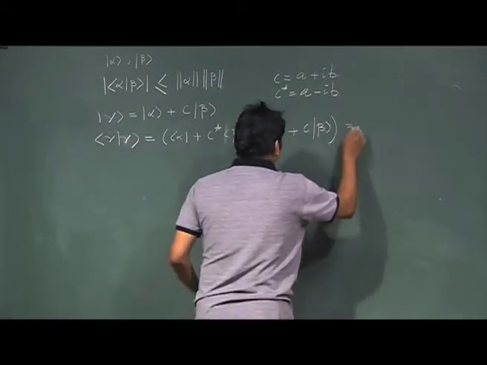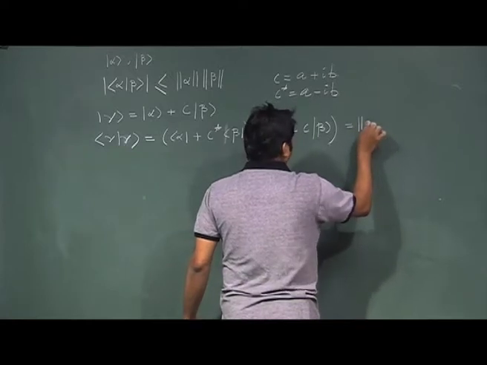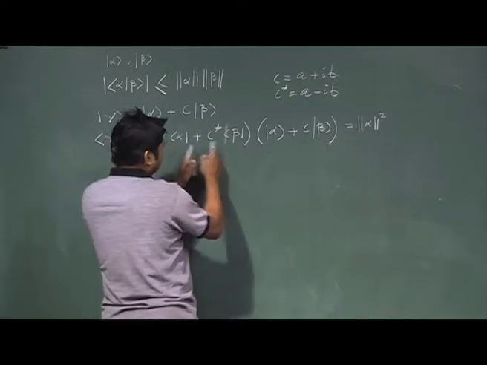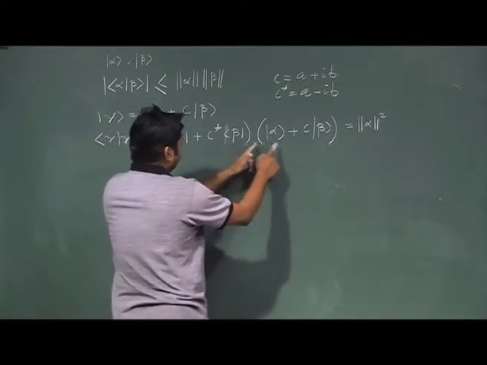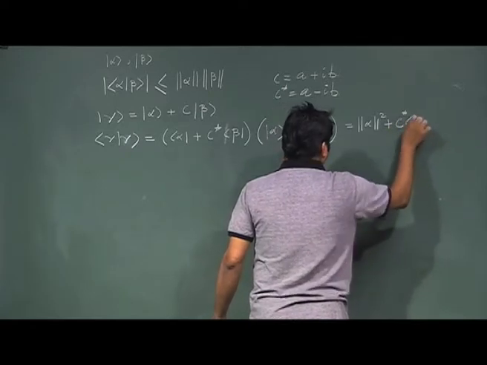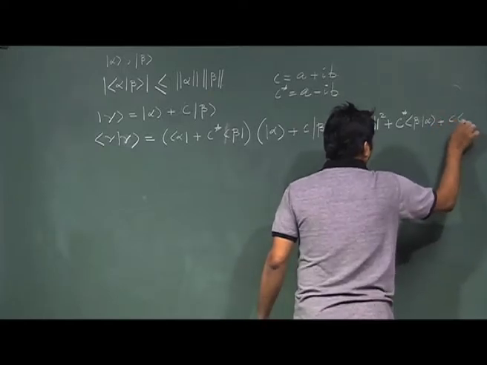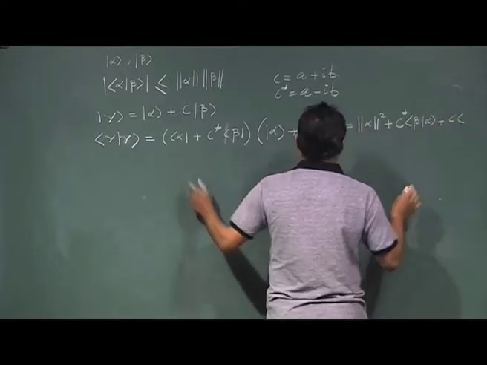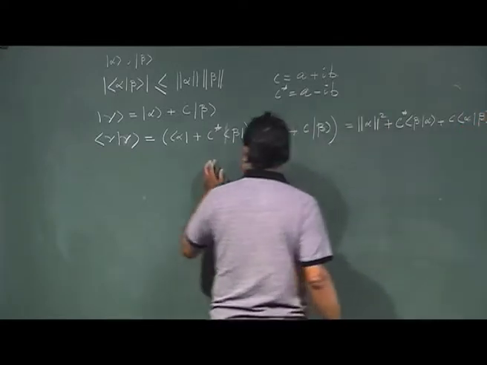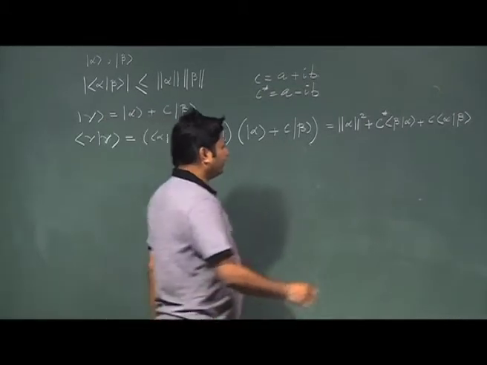If I expand, I get norm of alpha square, because I multiply this by this, then this by this, plus c star beta alpha plus c alpha beta, and finally this into this, there will be 4 terms.